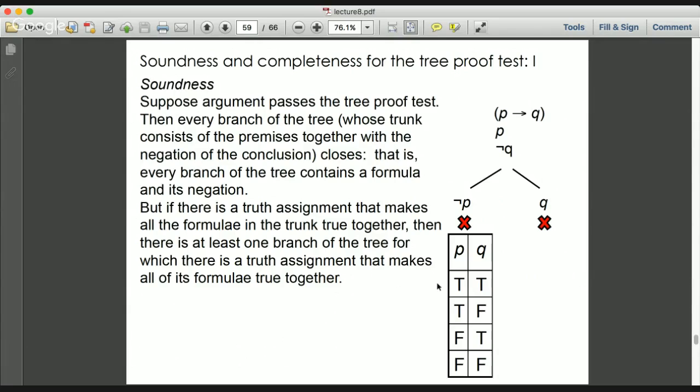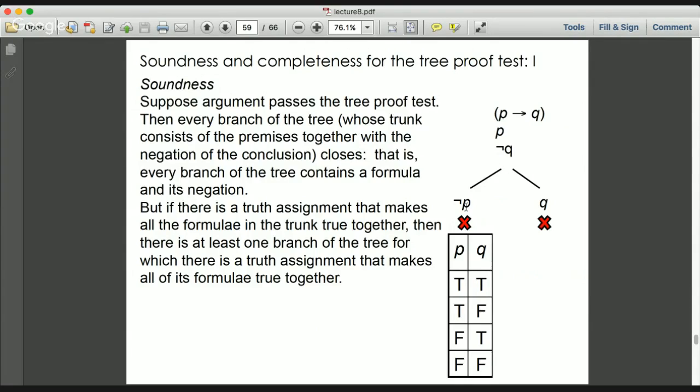Let me just think about what I'm saying. Right. So if there was, yes, okay. I think what I'm saying is that, basically, if this branch was open, then there would be a truth assignment that went along with it.